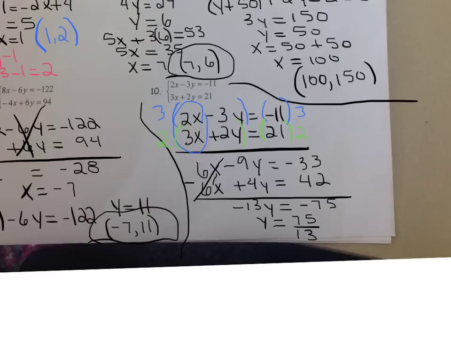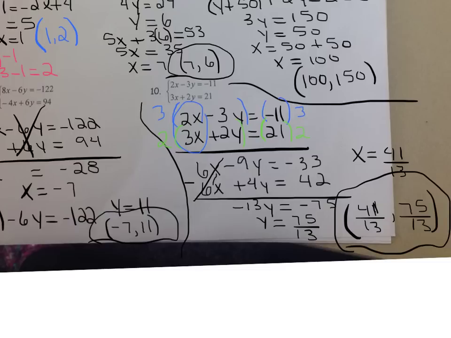Plug this y in and you will get x equals 41 over 13. And so your final answer is 41 over 13 and 75 over 13. And that is your final answer.